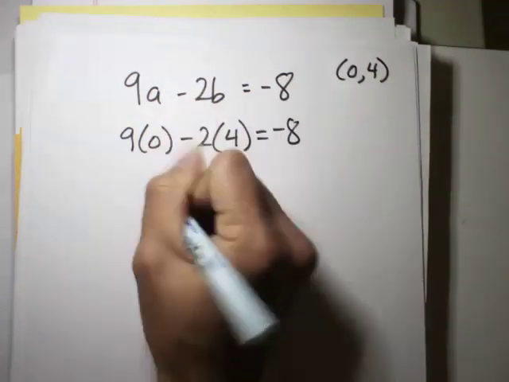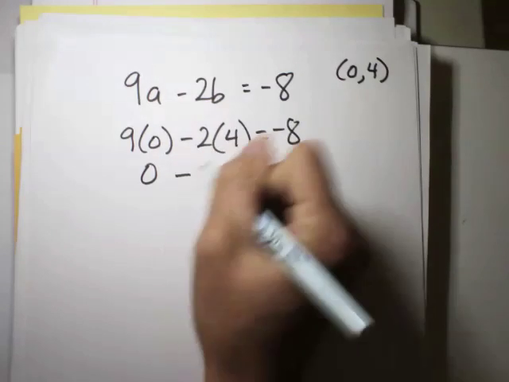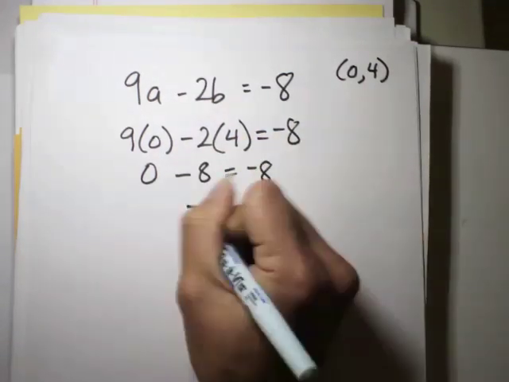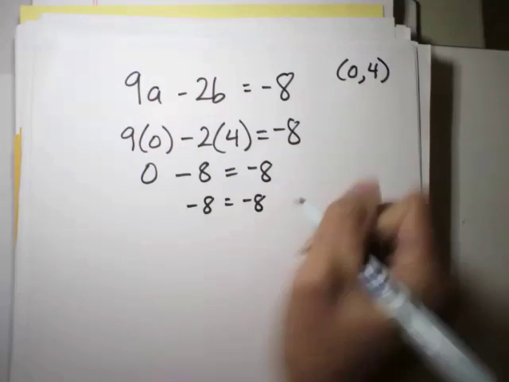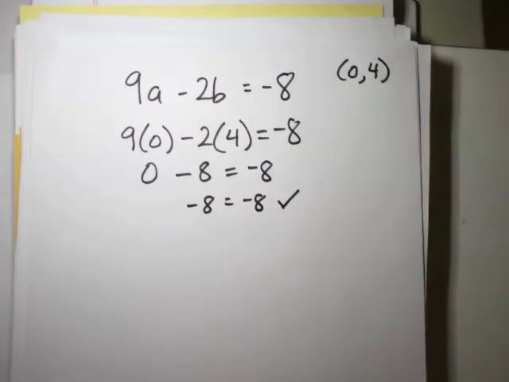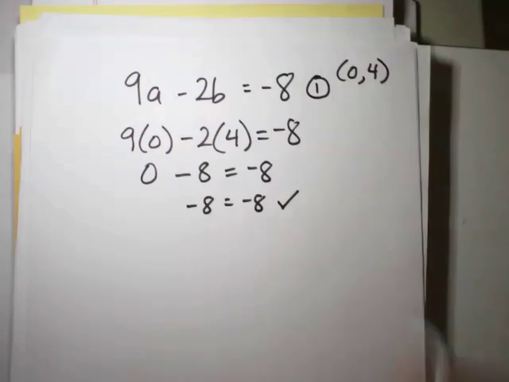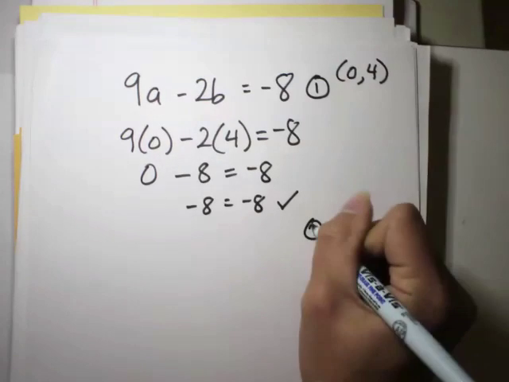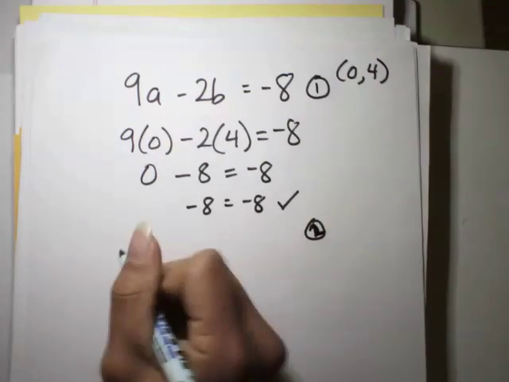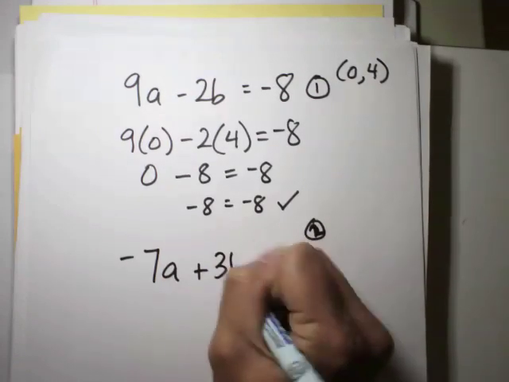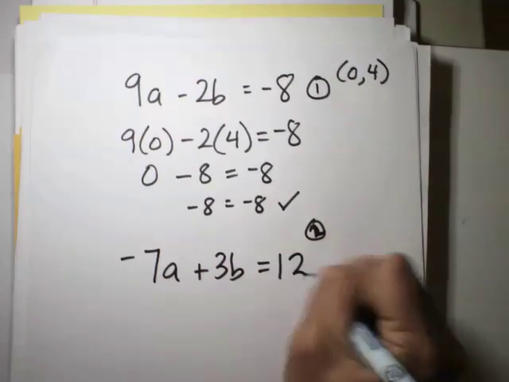9 times 0 is 0. Minus 8 equals negative 8. 0 minus 8 is indeed negative 8. And negative 8 is equal to negative 8. So it checks for equation number 1. Remember, we also have to check for equation number 2. So negative 7a plus 3b equals 12.